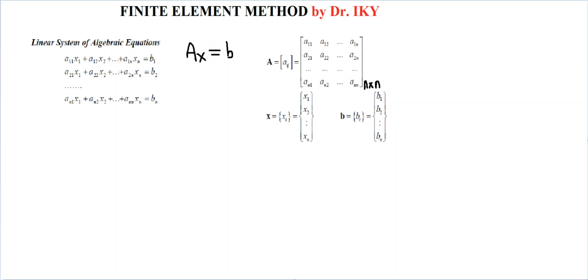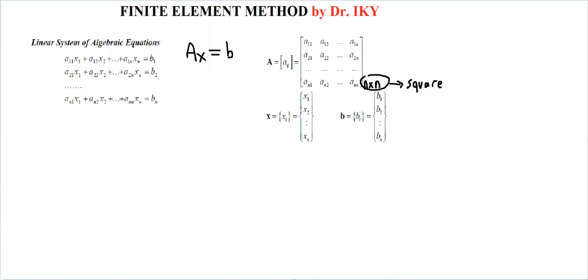So n times n, that is very important, which tells us a square matrix. It should be a square matrix. And x and b are column vectors of dimension n. So for the row and column vectors, we can write something like that again.